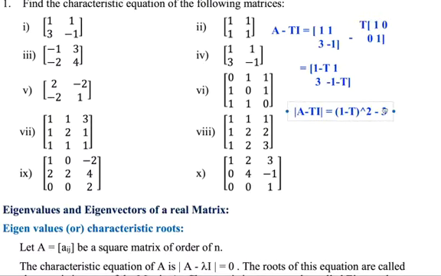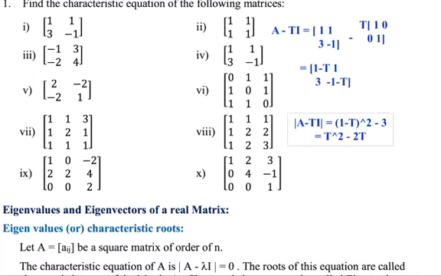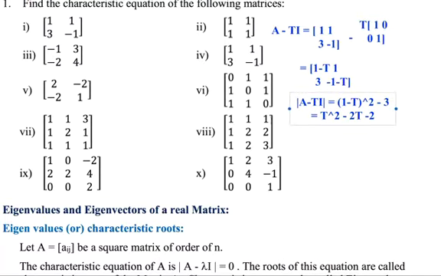So the characteristic equation is lambda square minus 2 lambda minus 2 lambda plus 1 minus 3, that is minus 2. So this is the characteristic equation for the first one. You can similarly find it out for all the 2 by 2 matrices.